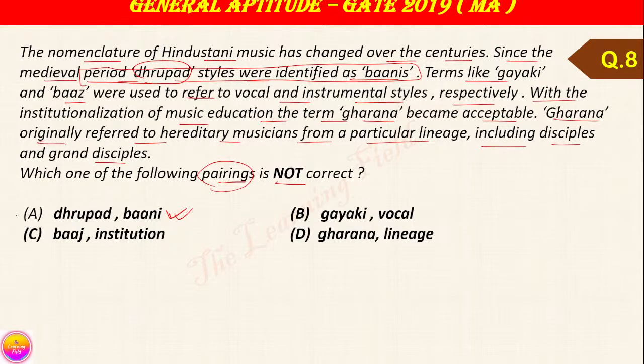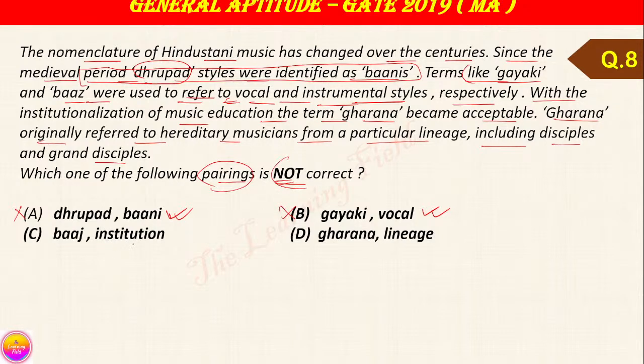This is not our answer, we have to find the incorrect option. Now Gayaki and vocal: it says that terms like Gayaki and Baj were used to refer to the vocal and instrumental styles. So Gayaki referred to the vocal, and this is also a correct pairing. This is not our incorrect option.